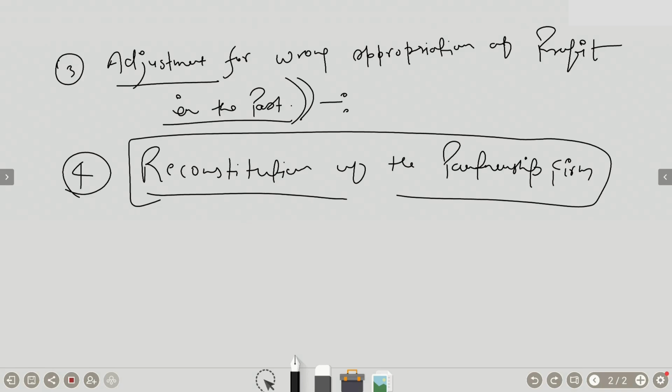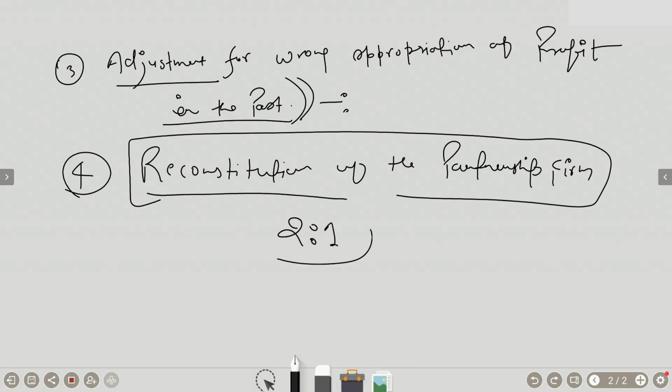For that, Amit wants to take more share in the profit. So they agree that the new profit sharing ratio between Amit and Rohit from now onwards is going to be 2:1.